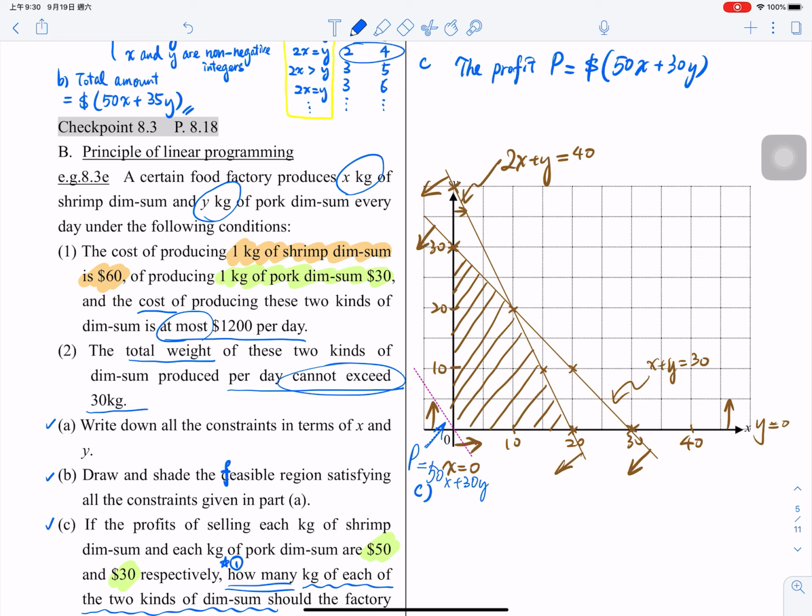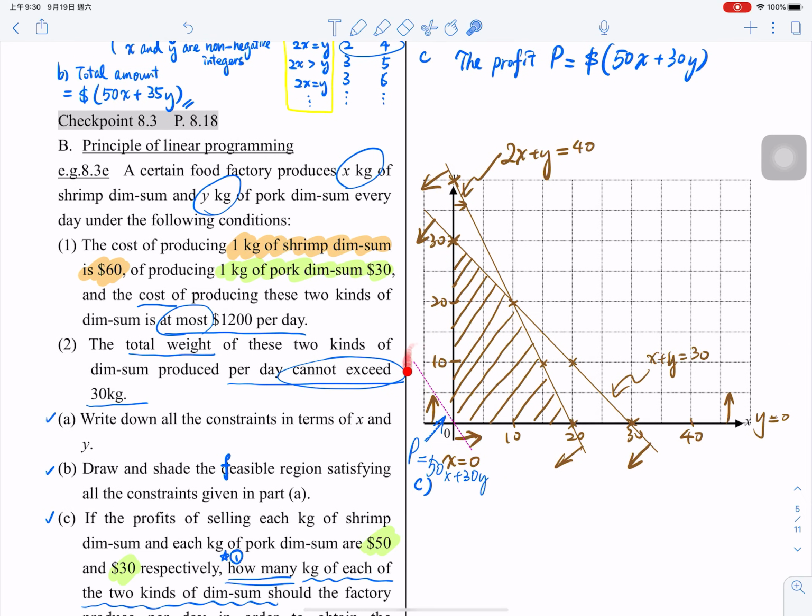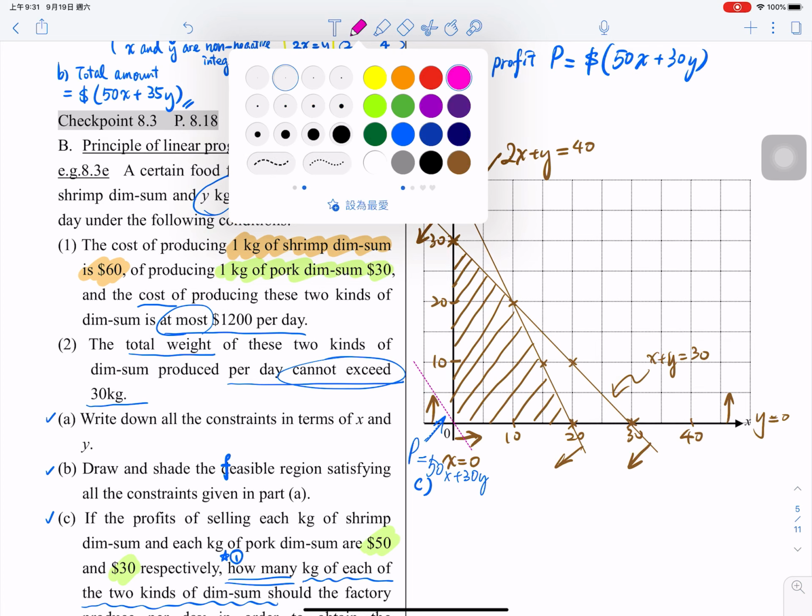And you found that when we shift this one, let me shift this straight line. Maybe I draw this one here. I draw once again like this. Let's see.